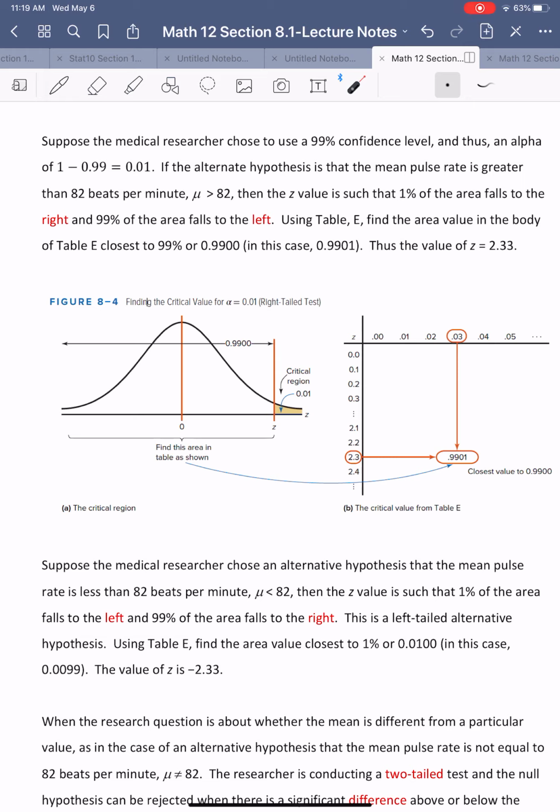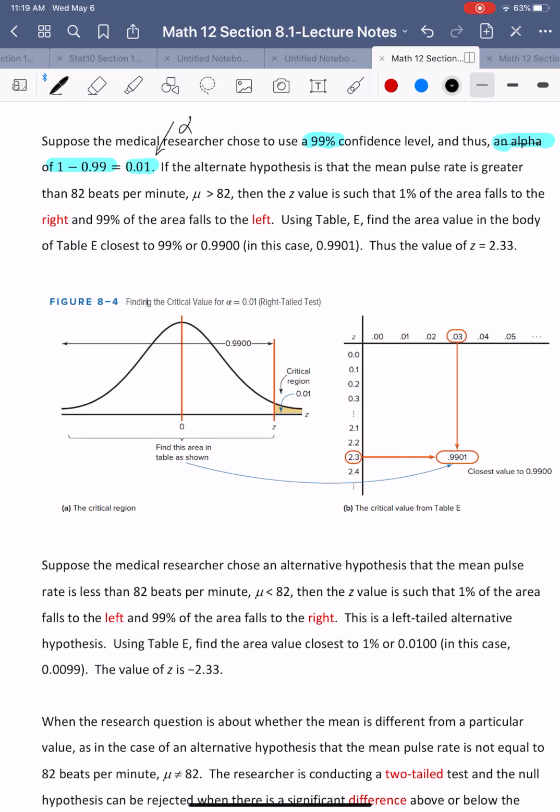Then alpha is 1 minus the 99% confidence level, which gives alpha. The alternative hypothesis is that the mean pulse rate is greater than 82 beats per minute, so mu is greater than 82. Then the z-value is such that 1% of the area falls to the right and 99% of the area falls to the left.